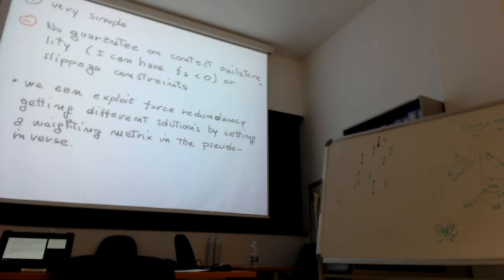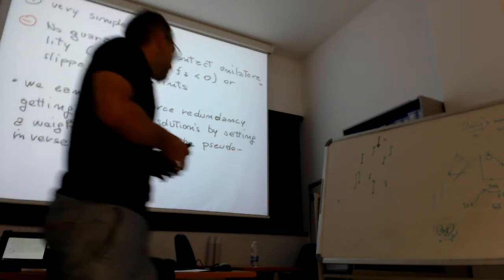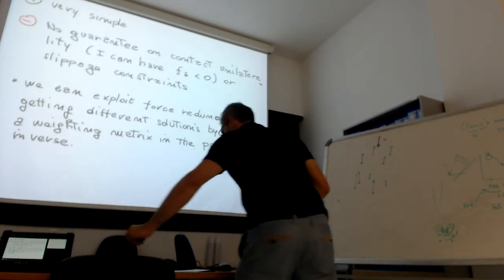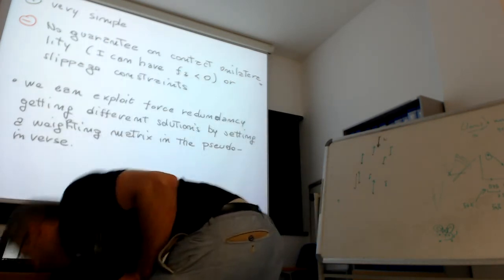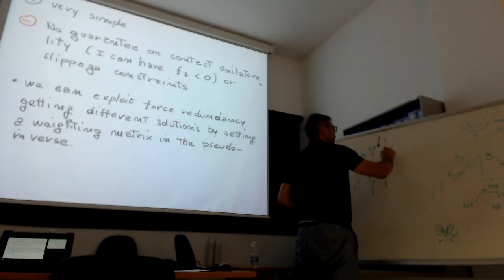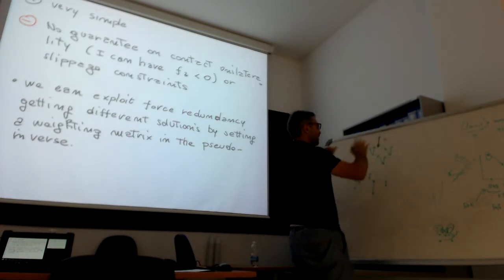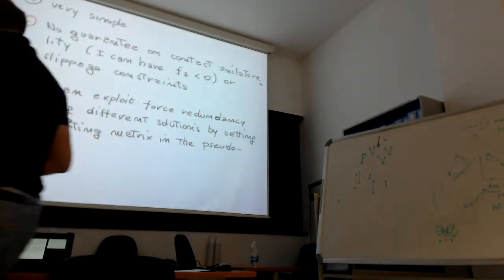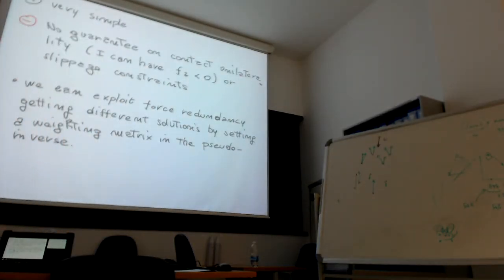You can still exploit some redundancies to get a different solution, setting a different weight on the pseudo-inverse, so you can get, I don't know, this solution. You can get this solution because you still have a null space component, and you can play around adding tangential components that nullify each other.